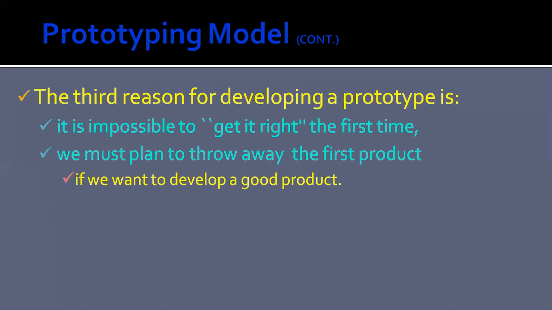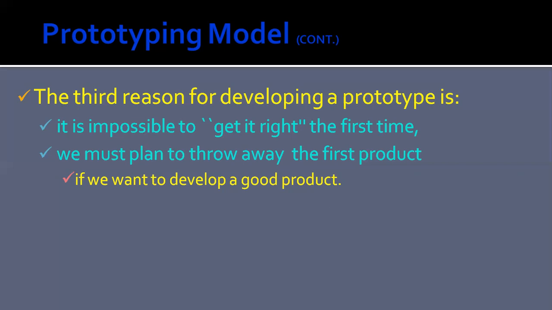We can come to certain conclusions from the discussion so far. The prototyping model is useful for developing not only the GUI parts of software, but also for software projects for which certain technical issues are not clear to the development team.